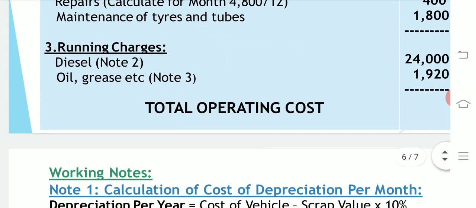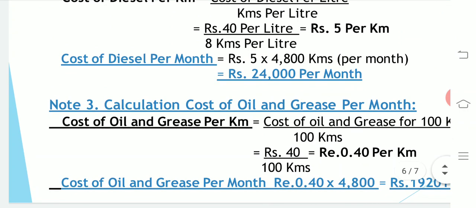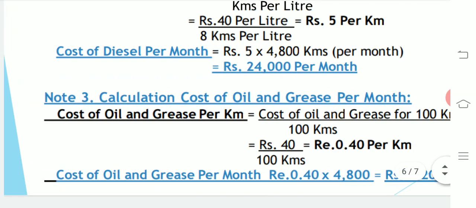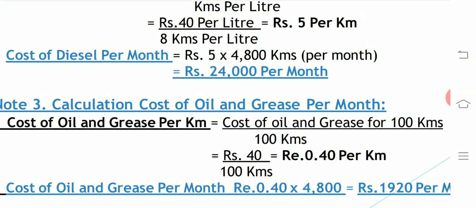Third is the calculation of oil and grease, calculated in note 3, cost of oil and grease per month. The cost of oil and grease, rupees 40 per 100 kilometers, is given. We will calculate the cost of oil and grease per kilometer first: rupees 40 divided by 100 kilometers is rupees 0.40, that is 40 paise per kilometer.